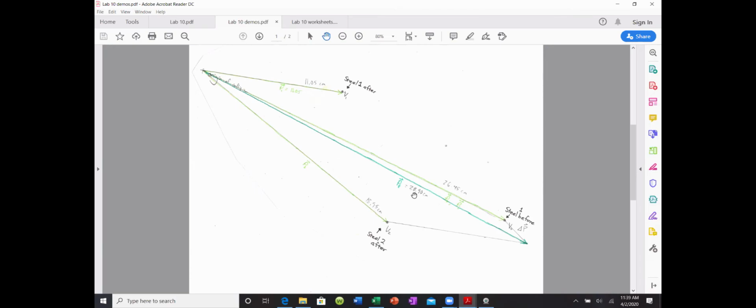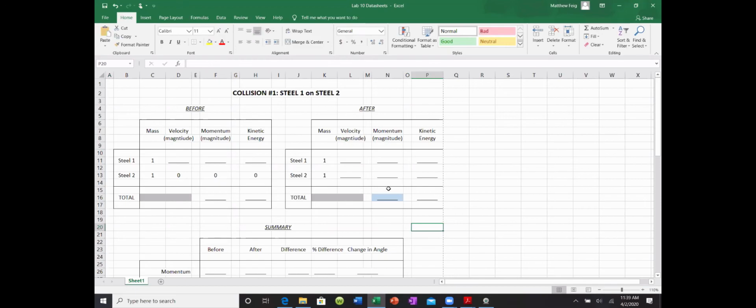But did they write 30 right here? No, they actually did tip to tail addition and measured the length. They didn't say when you add vectors, you add the lengths. They added the vectors as arrows and they just measured the length. So do not add these two numbers to get this number.